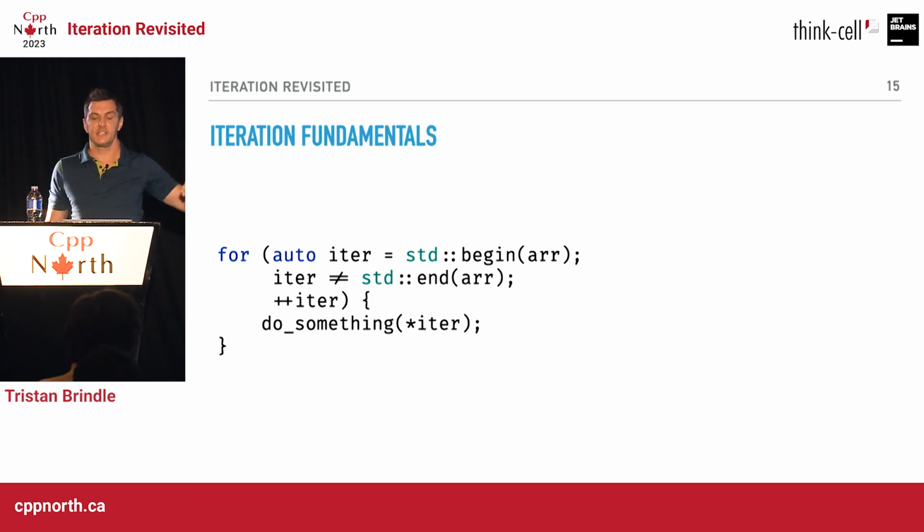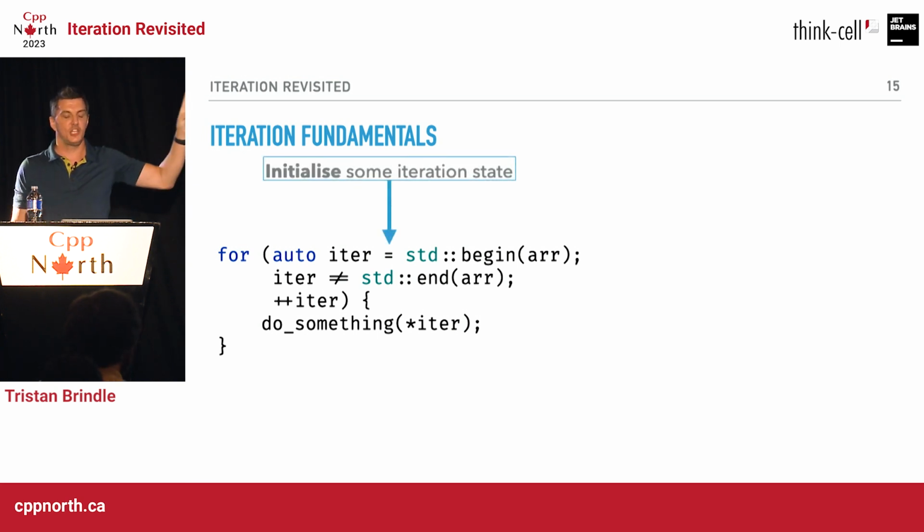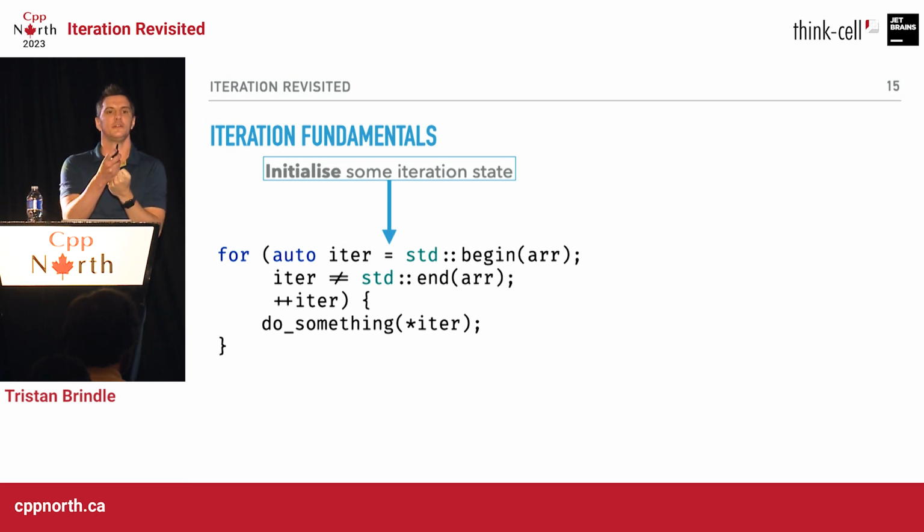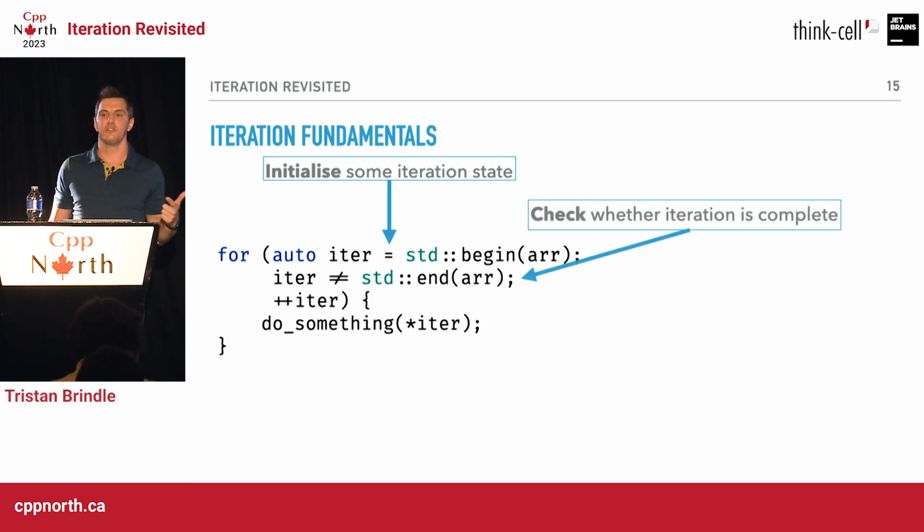So first of all, we need to initialize some iteration state. We need to be able to hold onto some state that tells us where we are in our sequence. So for iterators, this is stored in the iterator object, but in general, we need some iteration state. We need to be able to check whether iteration is complete.